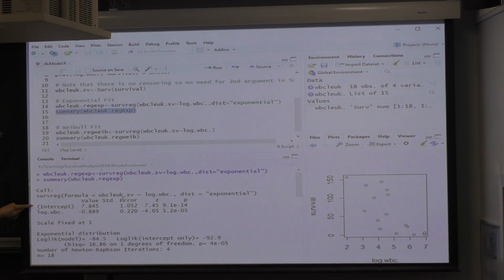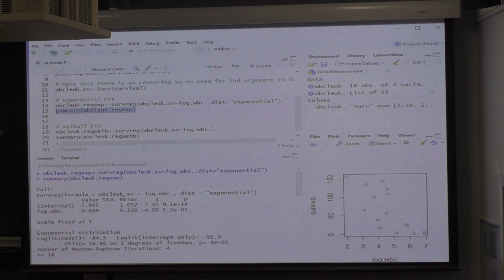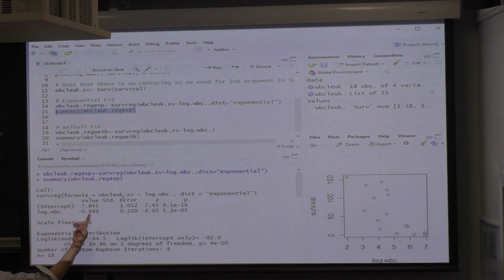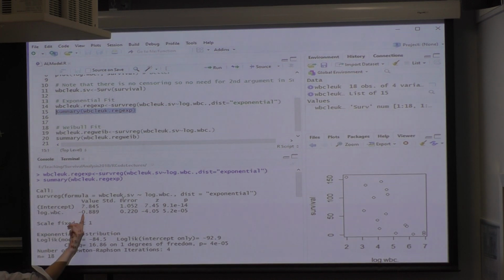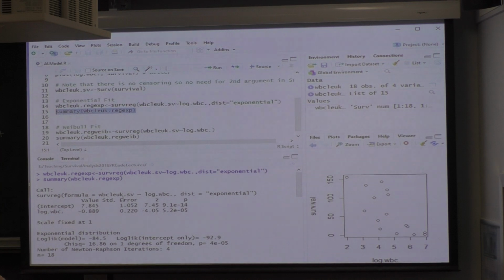In particular, it gives you two terms, an intercept term and a log white blood cell count term. They are basically beta naught and beta 1. Beta 1 goes with the log white blood cell count, and that is your intercept term.